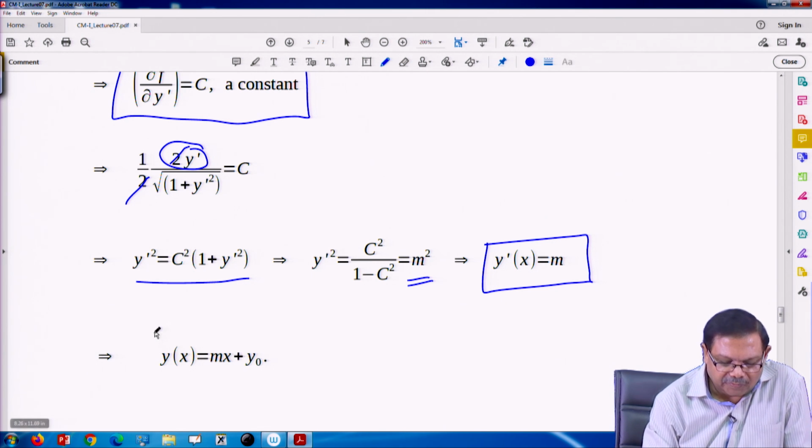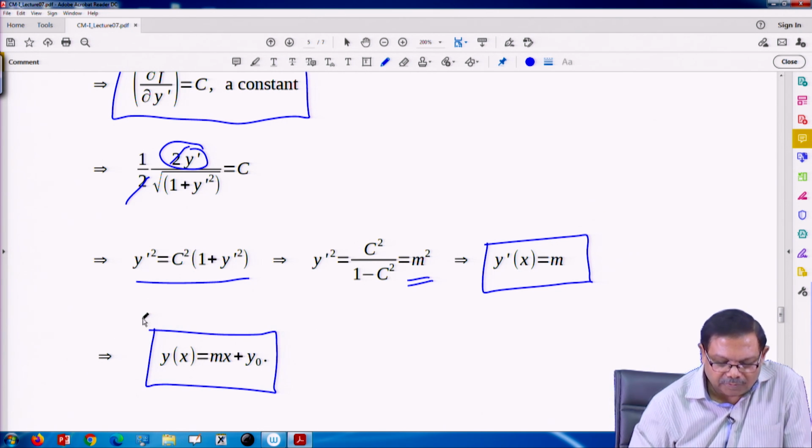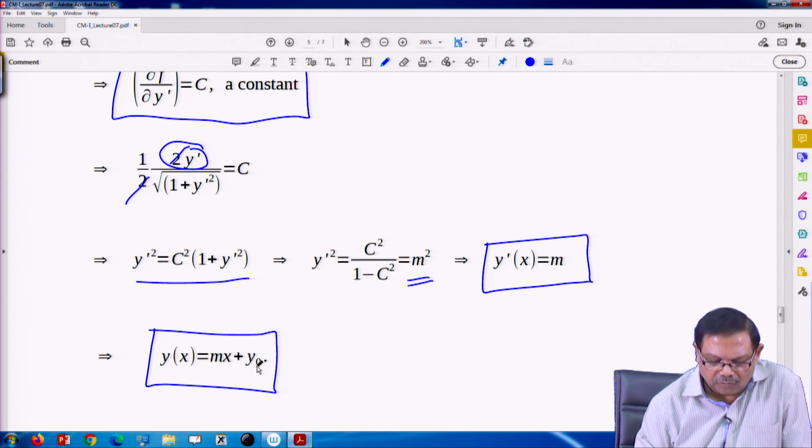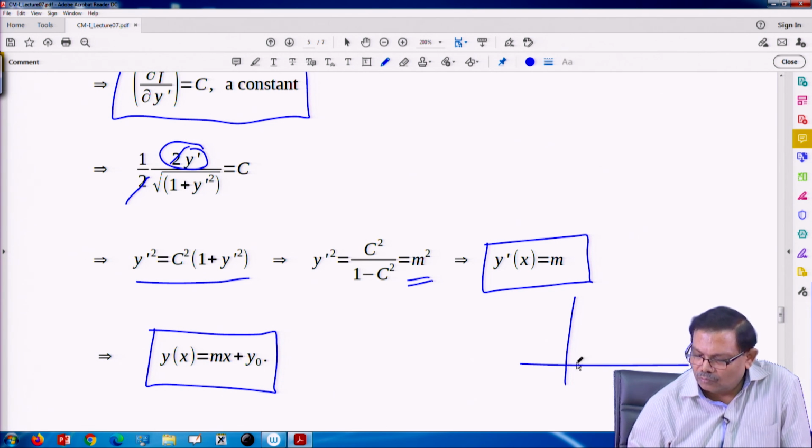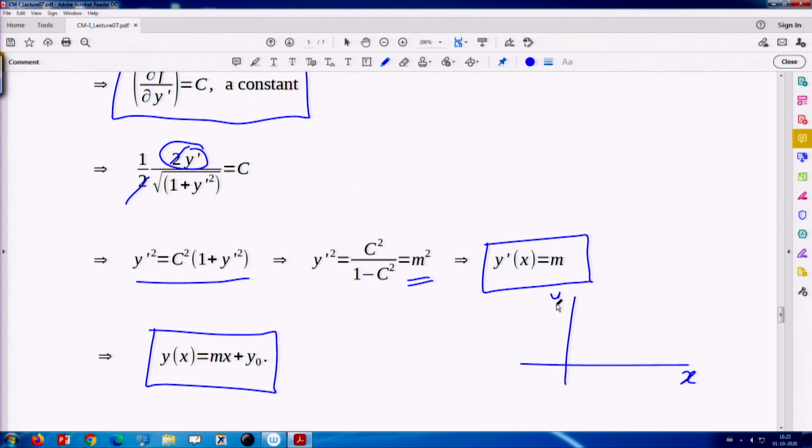So, integration will give me the equation of a straight line, y equal to m x plus y 0, and the values of y 0 and m can be determined because we are already supplied those 2 points, x 1, y 1 and x 2, y 2. So, I can find m and y 0.